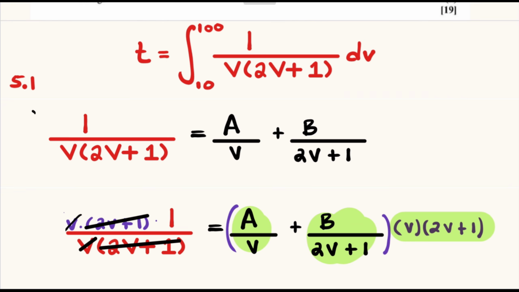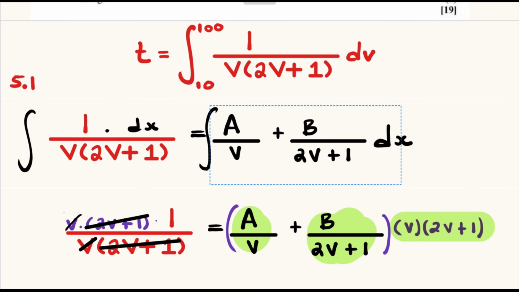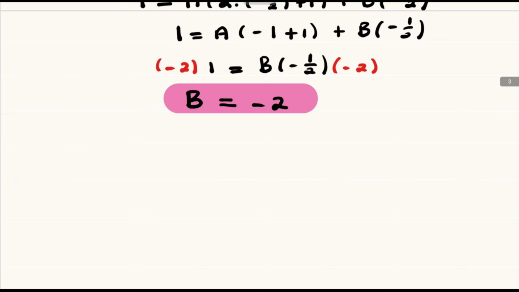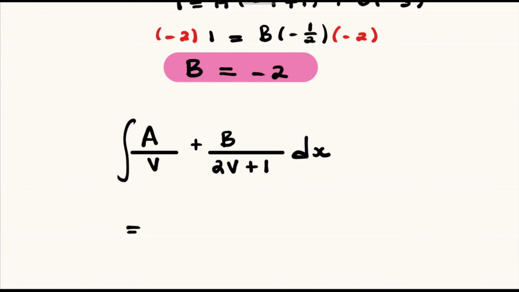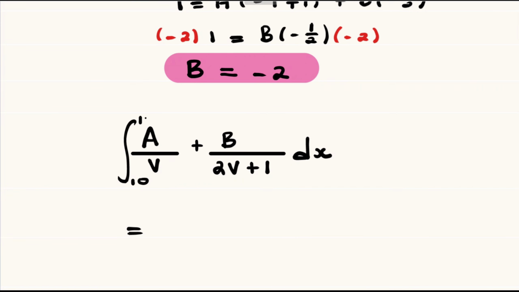Remember, integrating this side with respect to v is equal to integrating this side with respect to v. So let me copy and paste this. Now that we have the numerical values of a and b, we substitute, and our integral is from 10 to 100.